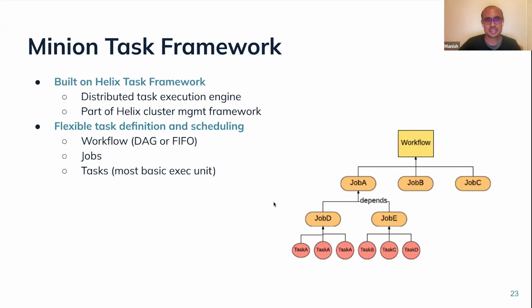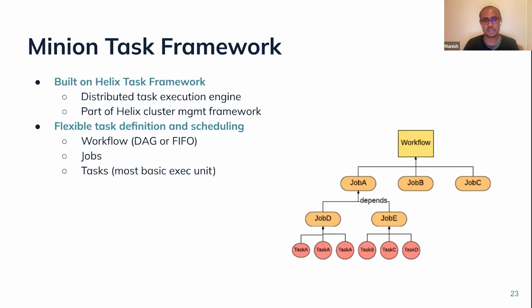The Helix task framework also gives us a DAG, a workflow framework, to do task scheduling, where you can build a dependency graph as shown here and then submit the workflow. It goes into a queue, and then the work gets submitted to the machines, like a typical distributed task scheduler.